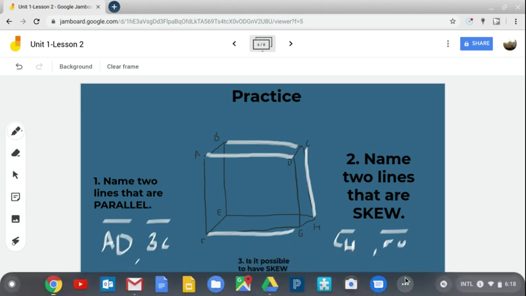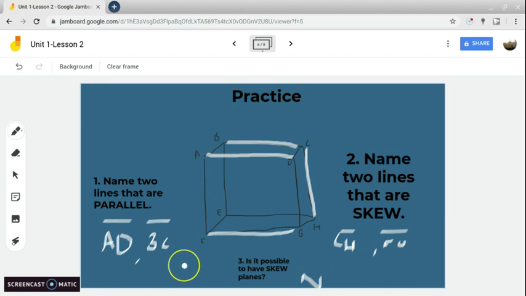Okay, anyways, what I was saying before it cut off was, is it possible to have skew planes? The answer is no. Why? That's because planes are two-dimensional, and they can't be skew if they're two-dimensional. Just think about it this way.